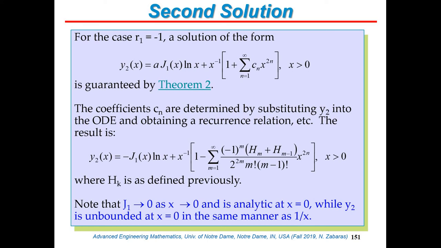But you notice that y2 is unbounded at x equal to 0. First, we have this log in here, and then, of course, there is the 1 over x term in here. So y2 is unbounded.